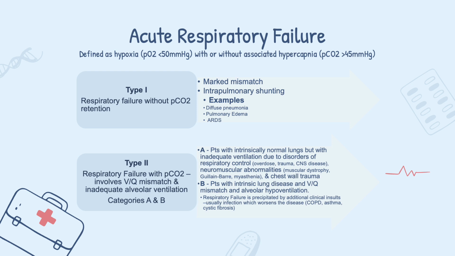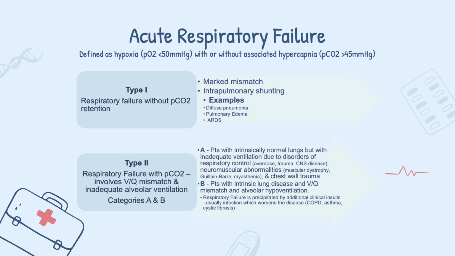So those are our overdose patients, our trauma patients, if there is any CNS disease, potentially neuromuscular abnormalities such as muscular dystrophy or Guillain-Barré, myasthenia, and then any kind of chest wall trauma.